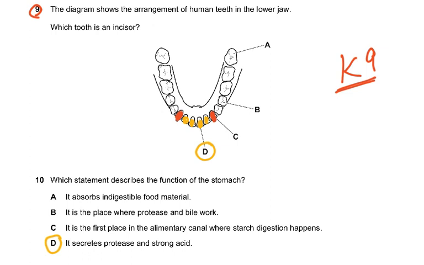And then, of course, we have the premolars, and then you have the molars. So A would be the molars, B would be the premolars, C would be the canine, and D would be the incisors. So which tooth is an incisor?